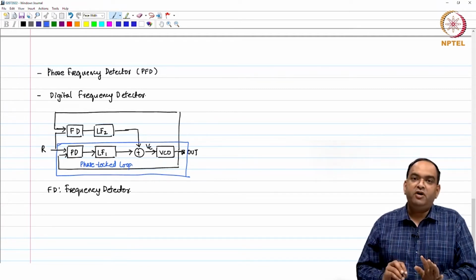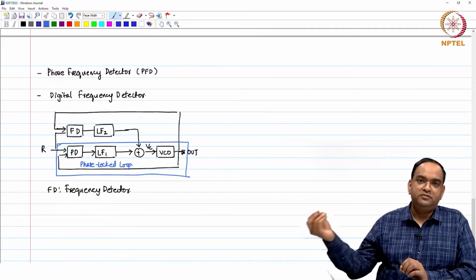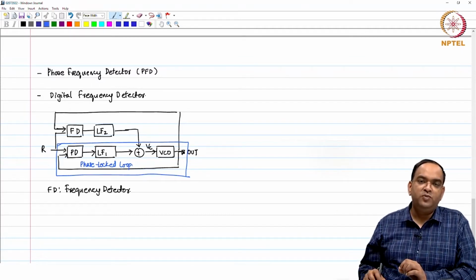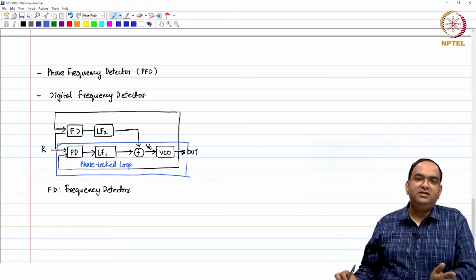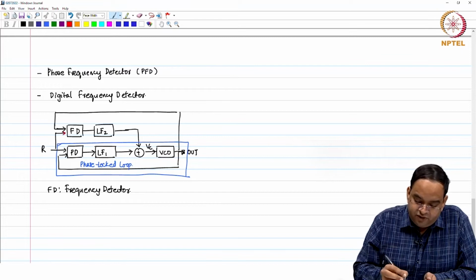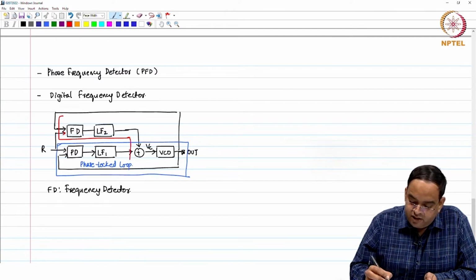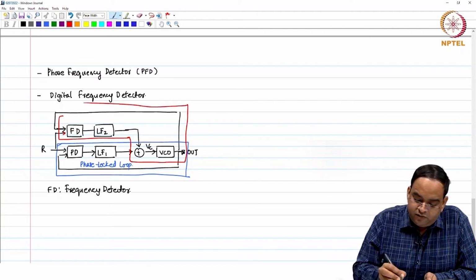The only thing taken into account is what the phase error is right now. You have phase error due to some phase change in the loop or because of the frequency error, that is immaterial. In the other case, where you have the frequency detector loop, you do not worry about the phase error, you worry only about the frequency error.